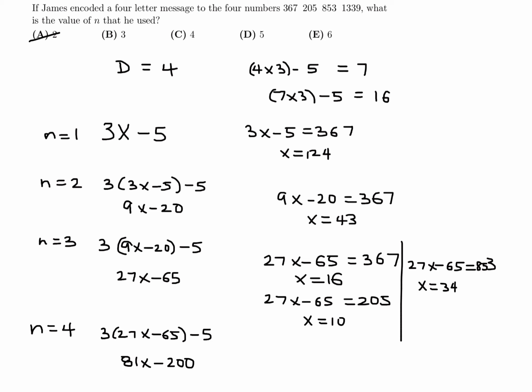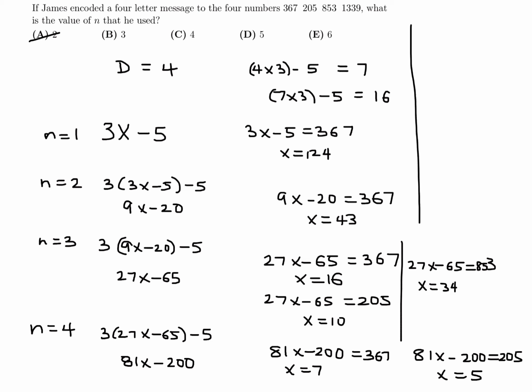Put this to the test now. 81x minus 200. First, I have to test it out with 367. When I do, I get x equals 7. Okay, great. Let's test it out now with the next one, which is 205. When you do that math, you get x equal to 5. Okay, that works.